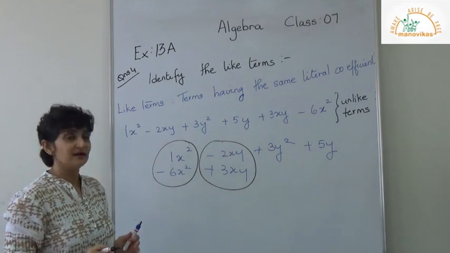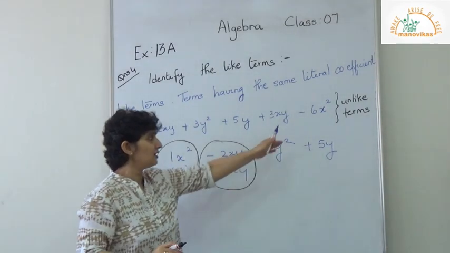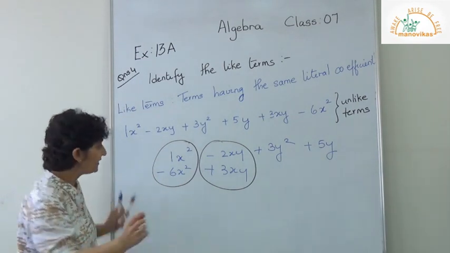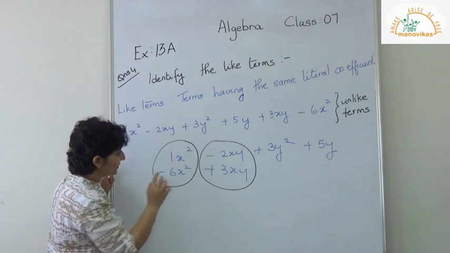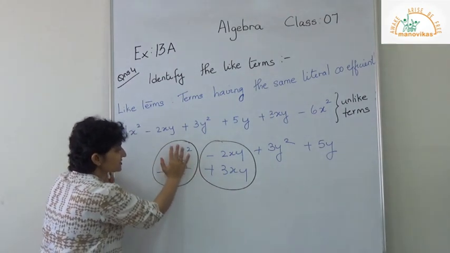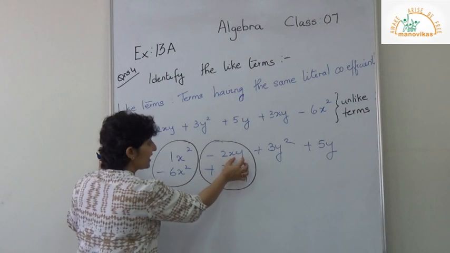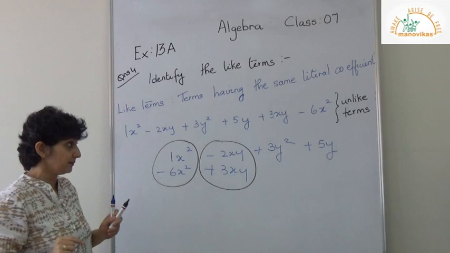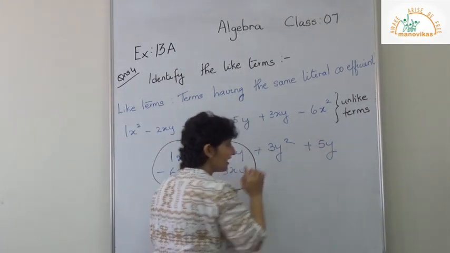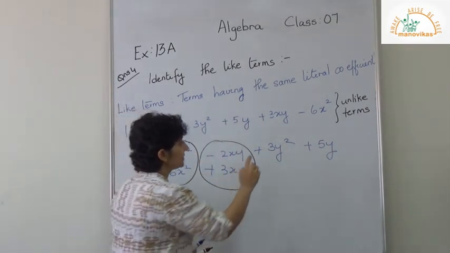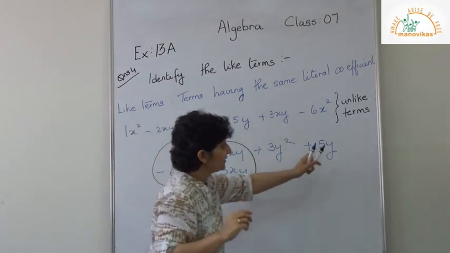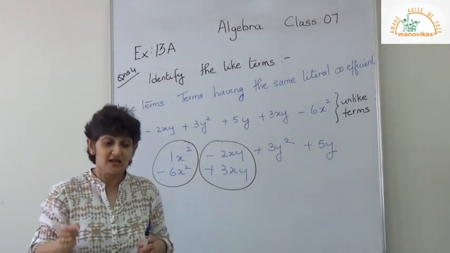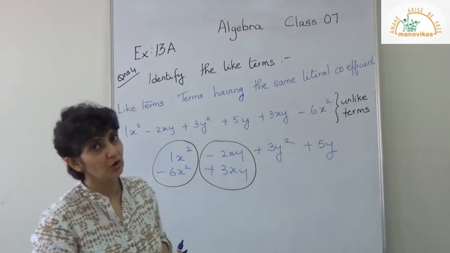There is 3y squared, there is 5y. Why? Because I have x squared here, I have x squared here. So this is a like term. I have xy, I have xy. So this is another like term. But there is y squared and there is y. These do not become like terms. Let's move on to the sums from your book.